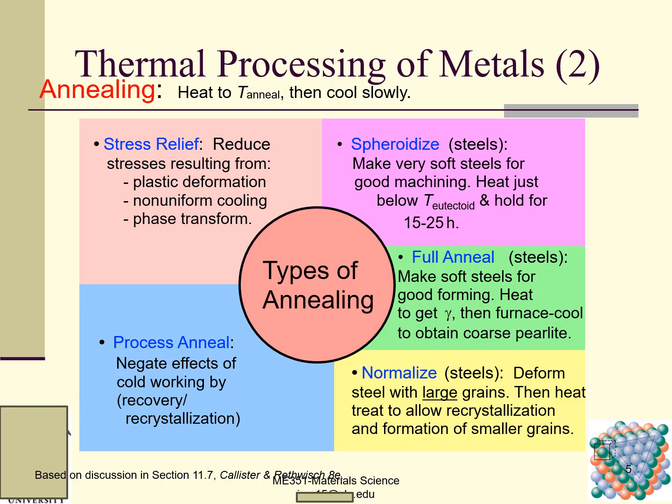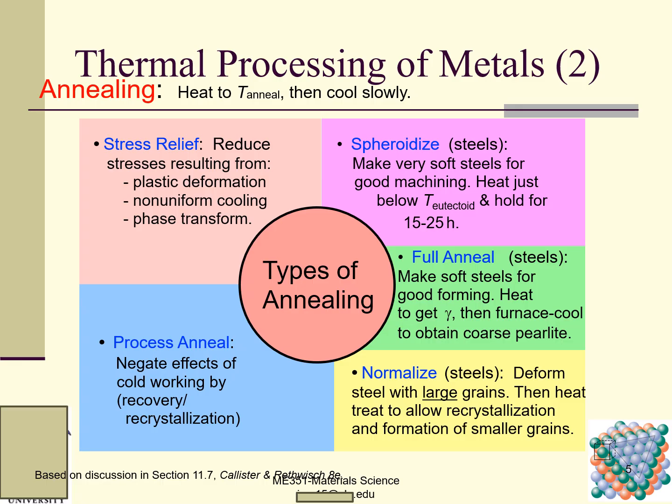This is the first purpose. The second one is spheroidizing. Spheroidizing means that we want to generate a spheroidite microstructure for steels, making very soft steels for good machining. We heat just below the eutectoid temperature and hold for 15 to 25 hours.